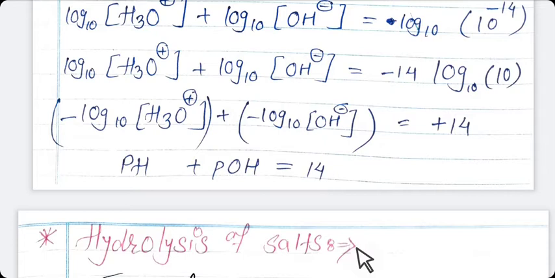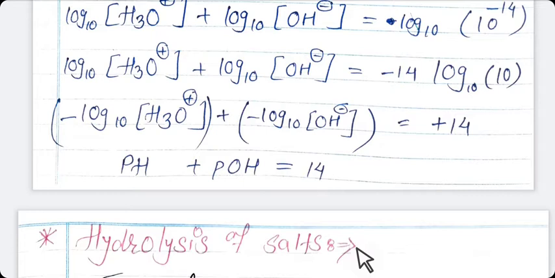That's why pH of the solution is lower than 7. For basic solution, concentration of hydronium ion is lower than concentration of hydroxyl ion. That's why pH of the solution is greater than 7.